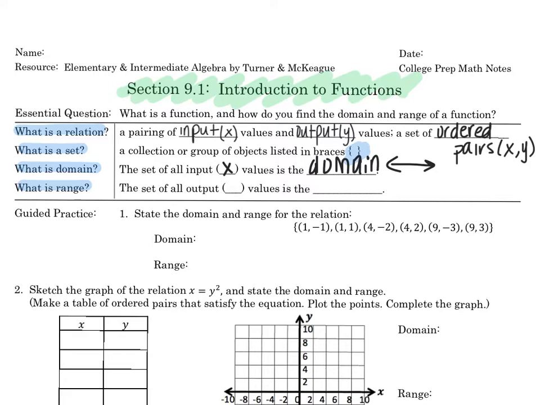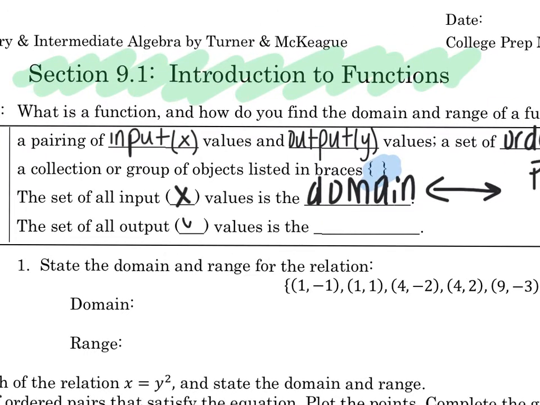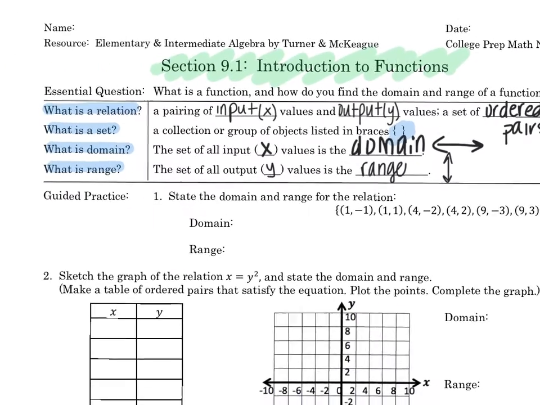So we always look at a graph, farthest left to farthest right, that's going to be our domain, which means the range is the set of all output or Y values, and that always goes from bottom to top. We always start with the smallest number, and we always go from bottom to top or left to right.